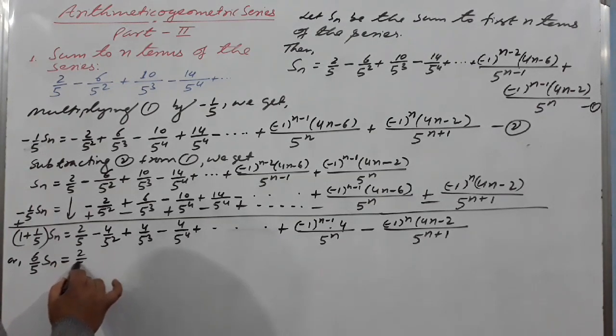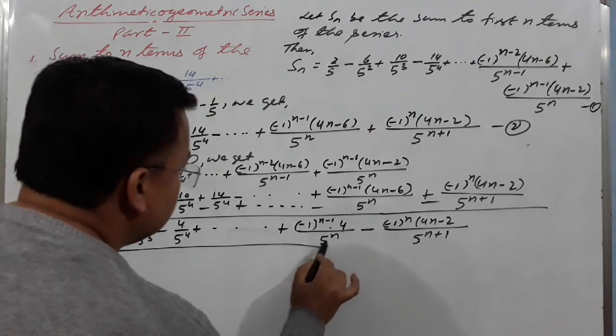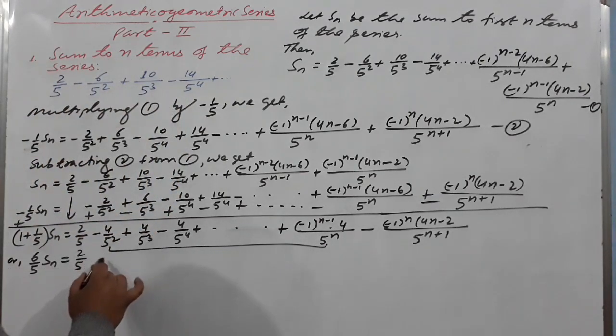So 2 upon 5. This is not coming in a geometric sequence. From here you can find a sequence. For common you can write down.